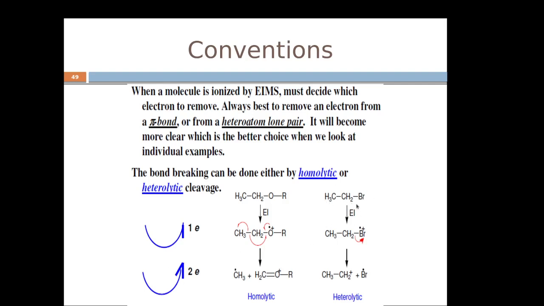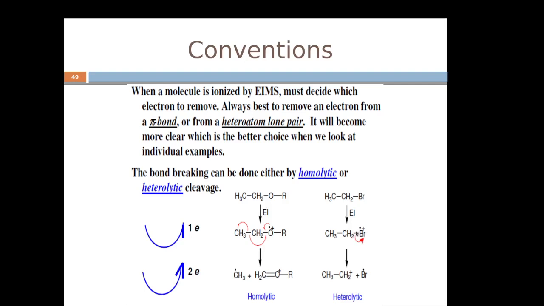Okay, so here it's easier to remove a lone pair electron from the halogen atom, and the radical cation is formed on the bromine when the molecule is hit with an electron beam. Then this bromine radical cation takes the complete sigma bond electron density towards it.